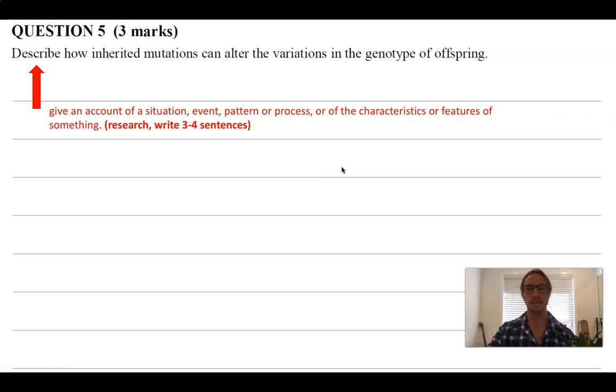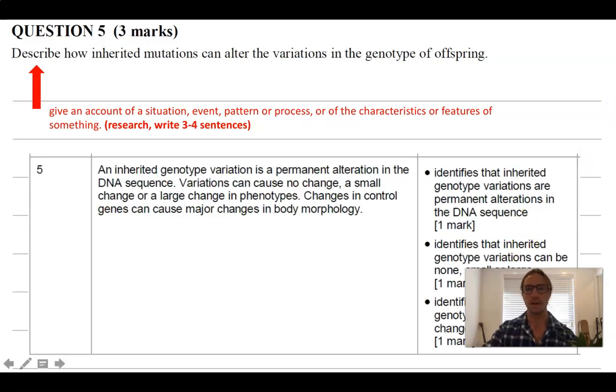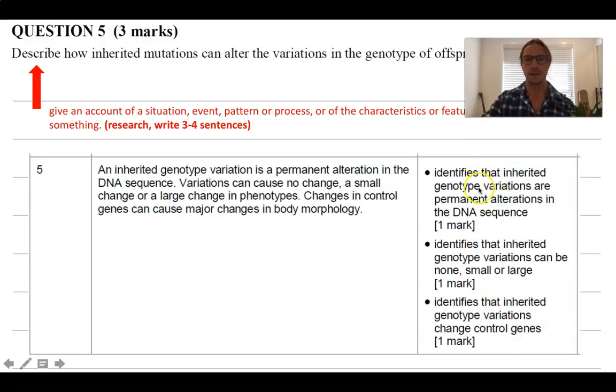Here is the exemplar response. You get a mark for identifying that inherited genotype variations are permanent alterations in the DNA sequence. 1 mark for identifying that inherited genotype variations can be none, small, or large. And a mark for identifying that inherited genotype variations change control genes.